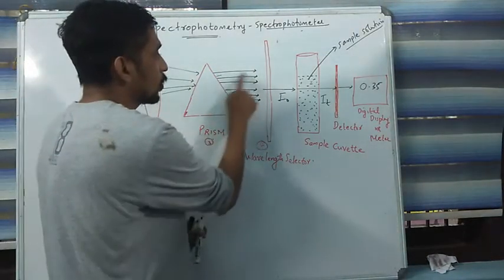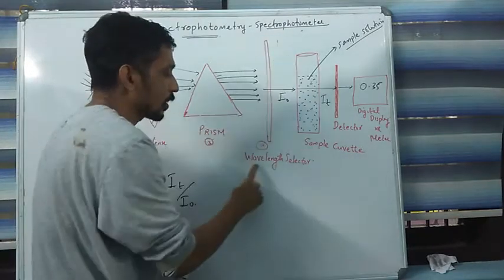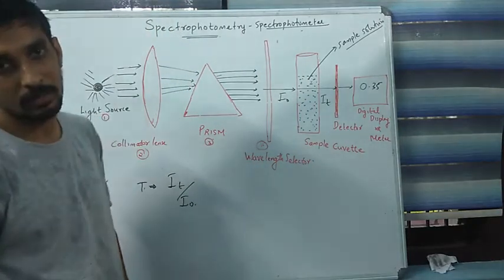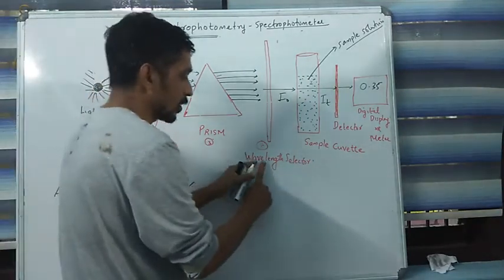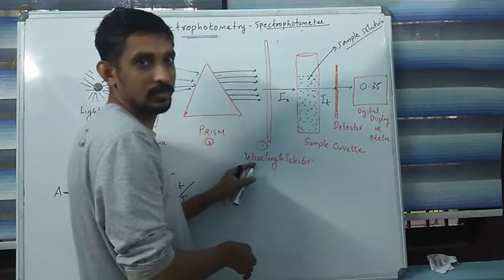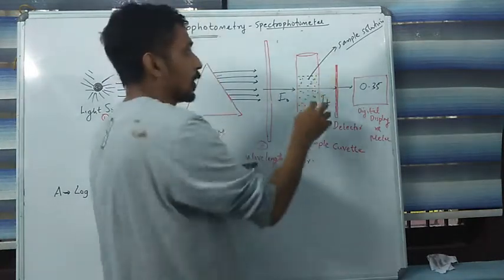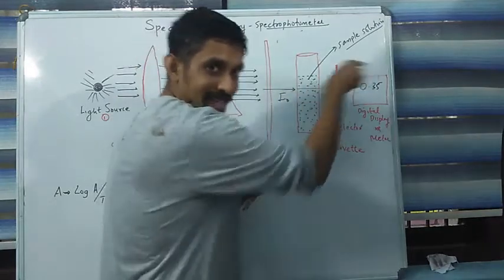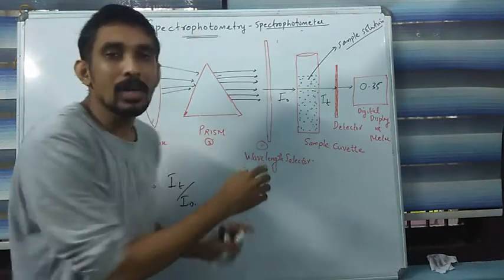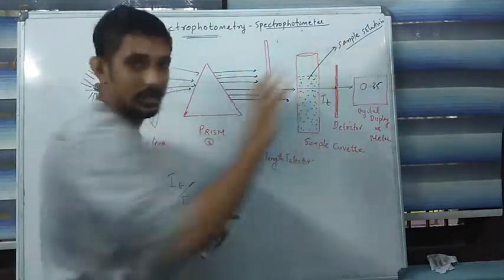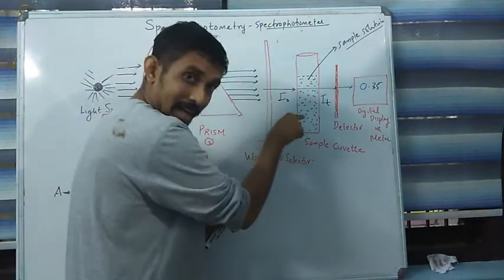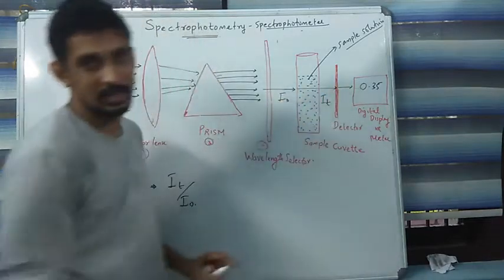After that, all that light with different wavelengths reaches the wavelength selector. This is the key part of the spectrophotometer, because after the wavelength selector you can see a cuvette, a test-tube-like structure. Within that cuvette you can see the sample to be tested. The wavelength selector never allows all the wavelengths to pass through. It allows only selected specific wavelengths of light through the sample cuvette.